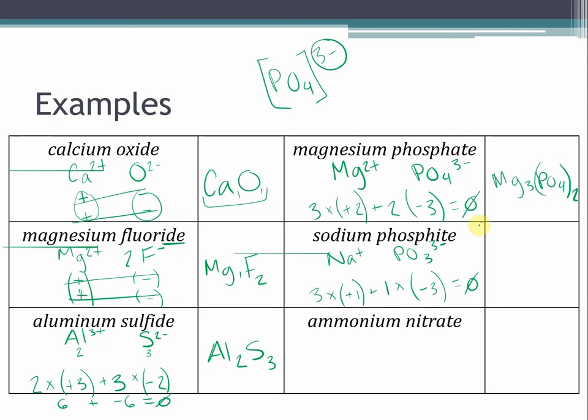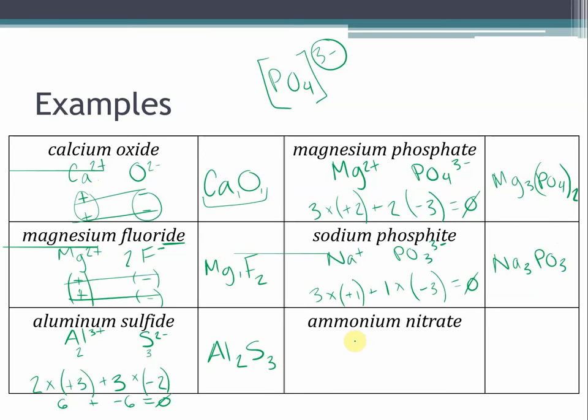So to write this, we will write Na3 to show that we need 3 sodiums, and then PO3 to show we just need the 1 phosphite. Since it's just the 1, we don't need to put it in parentheses.